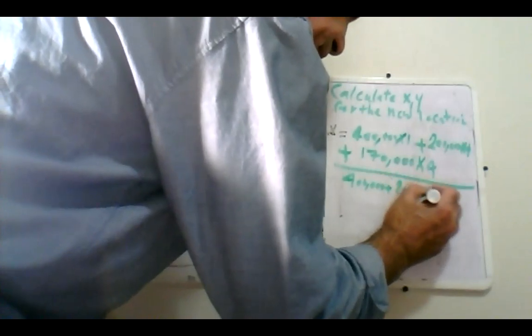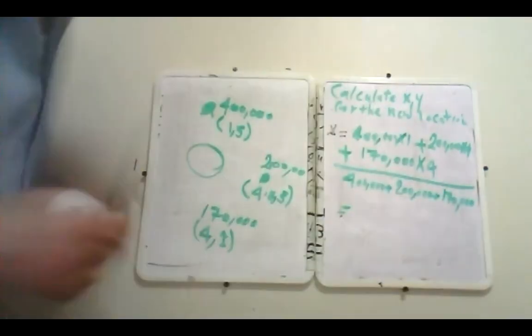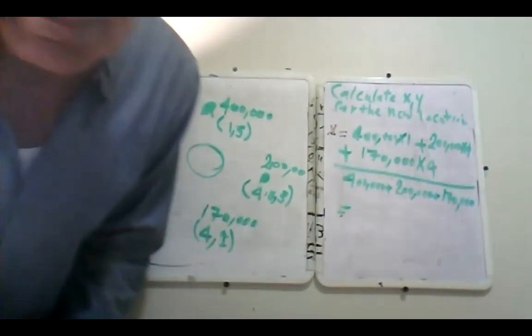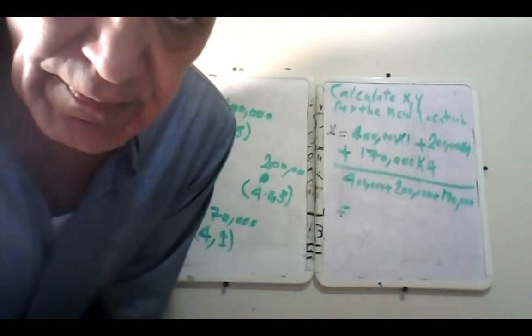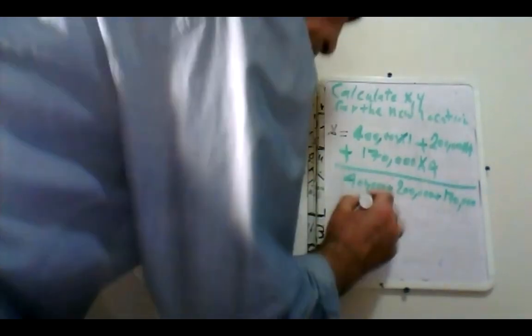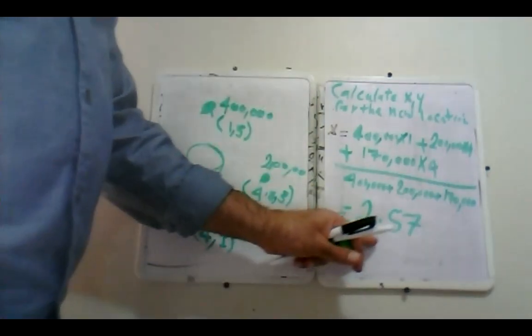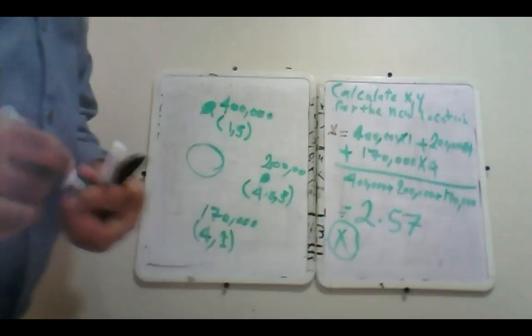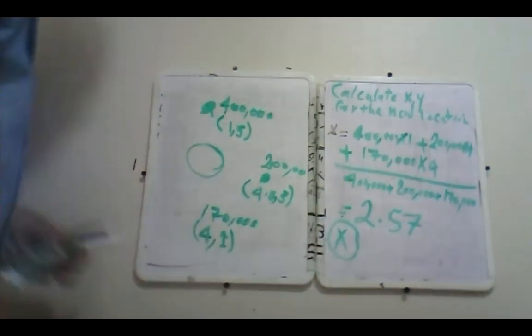This will give me 2.57. So the new site location will be when x is 2.57.